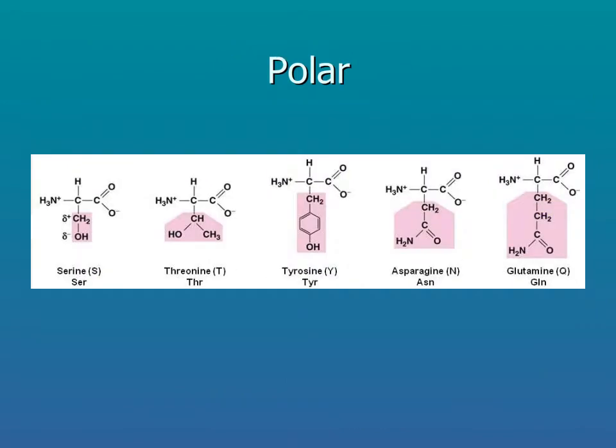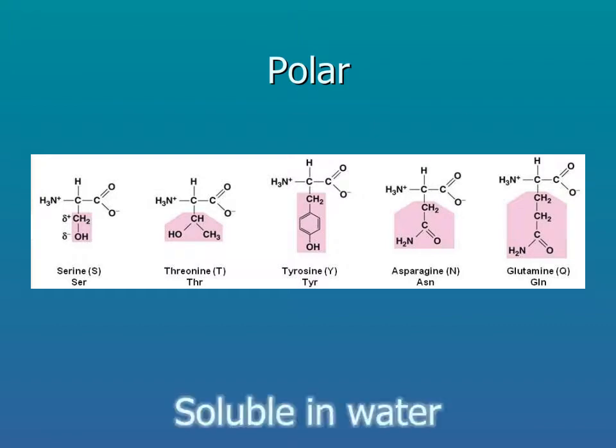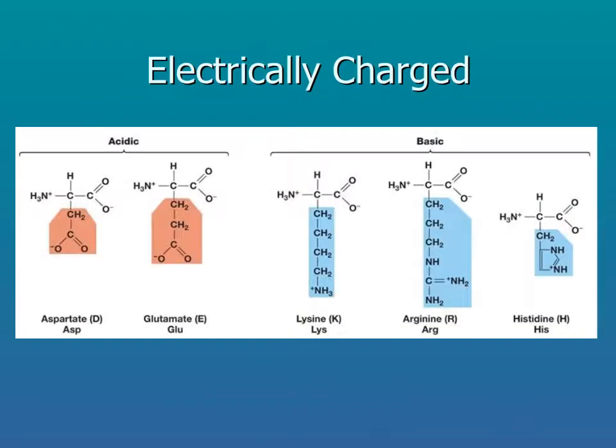On the other hand, the polar amino acids do have partially charged side chains. They are soluble in water because the chains will interact with water. The last group includes electrically charged amino acids that have either acidic or basic side chains. The acidic side chains readily lose hydrogen ions to the surrounding neutral solution and take on a negative charge.